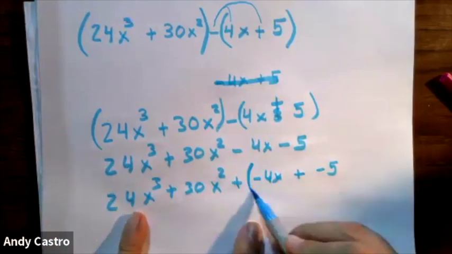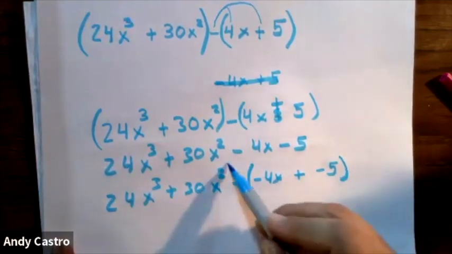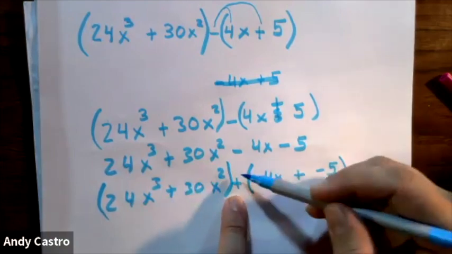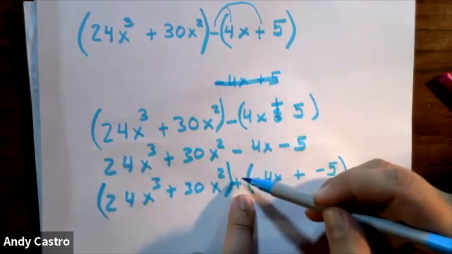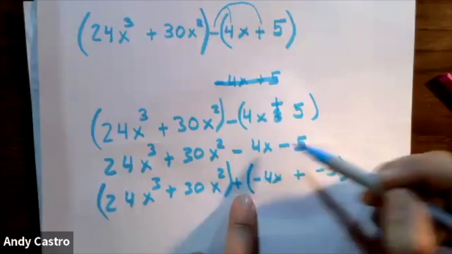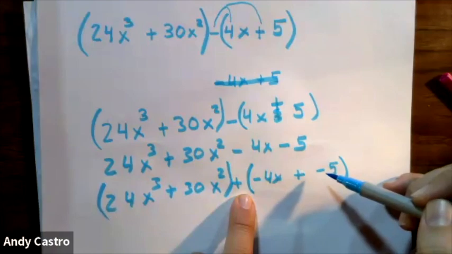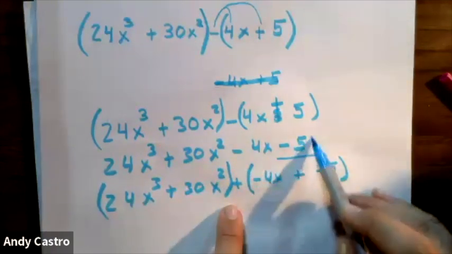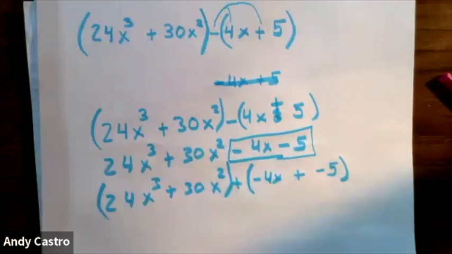Now, when I put my parentheses around the final two and I separate by this plus, I haven't lost anything. Because if I multiply this plus 1 through, 1 times negative 4 is negative 4, and 1 times negative 5 is negative 5. So it still preserves this negative negative.